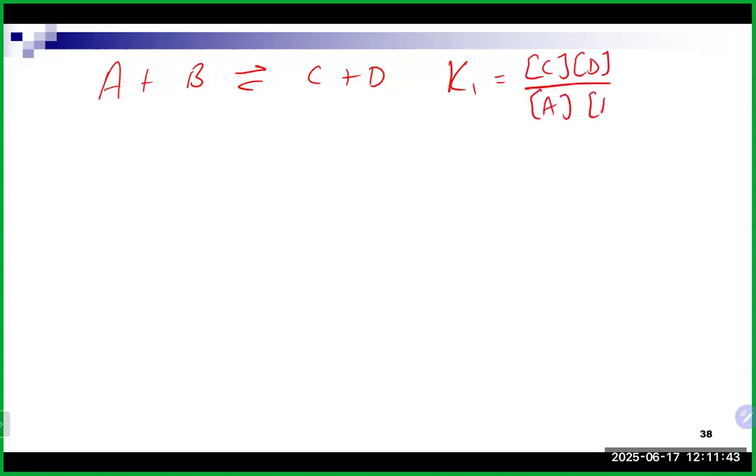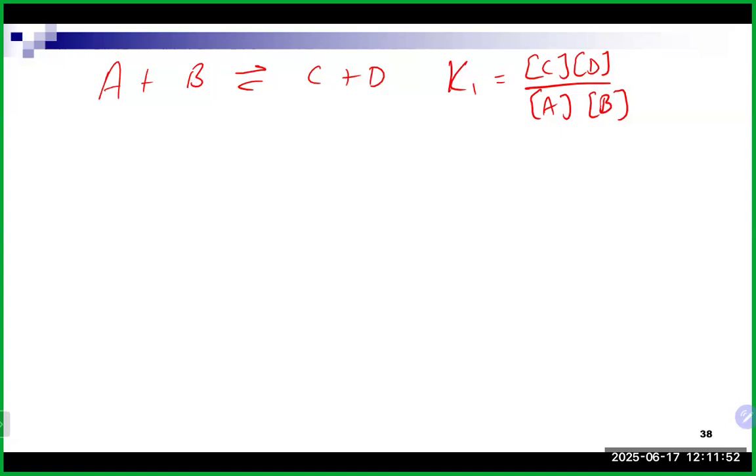A couple other things that you do come across is, for example, let's say we had this reaction here. And our K here would be again C and D divided by A and B. Let's say though that we did not just need one A, but maybe we needed two A's.